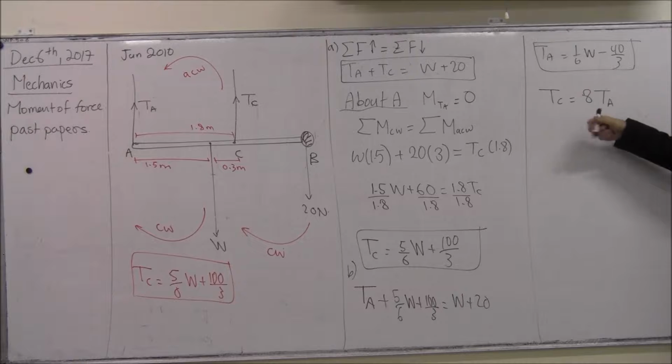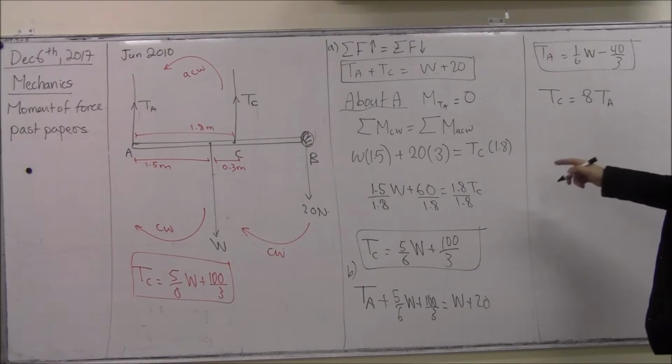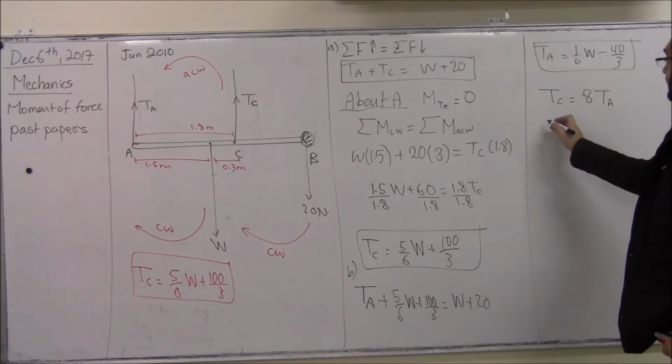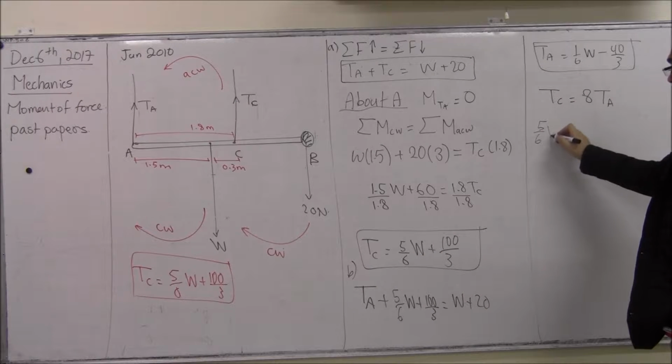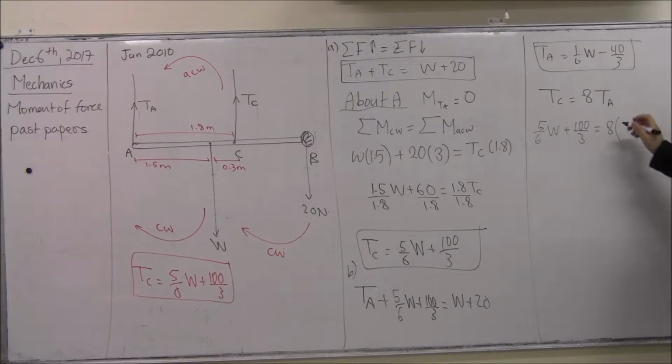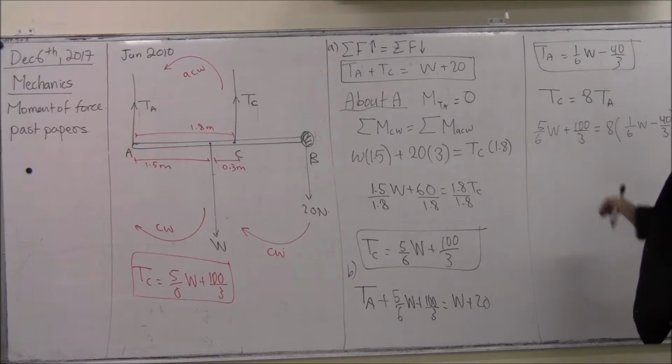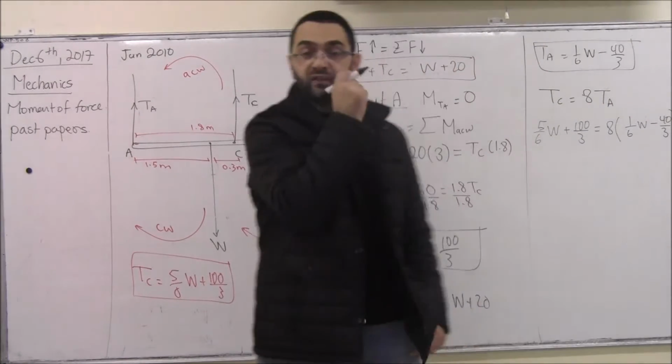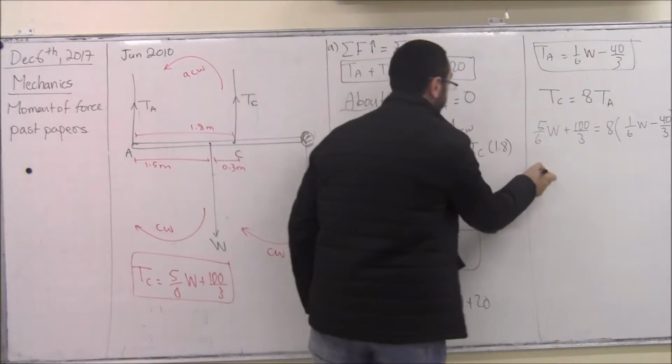Substitute now to find W. 5 over 6 W plus 100 over 3 equals 8 times 1 over 6 W minus 40 over 3. Rearrange this equation to have W as the subject.